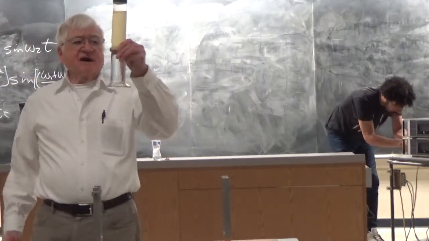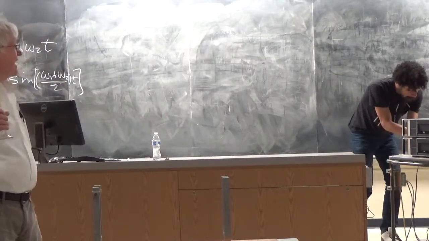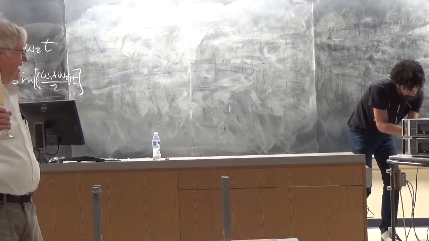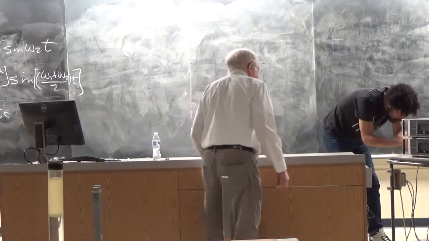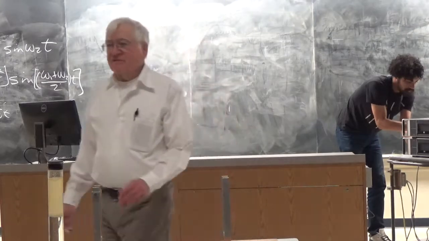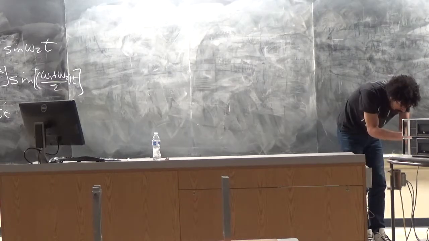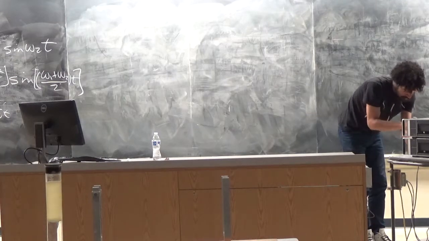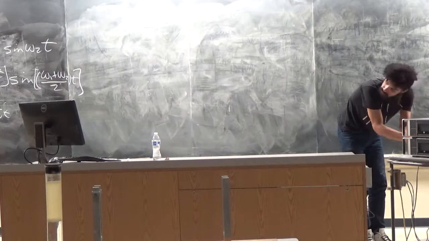Okay, we also have a cylinder with oil in the top, water in the bottom. Now, oil is basically CH2, water is OH2, or as we normally say, H2O.